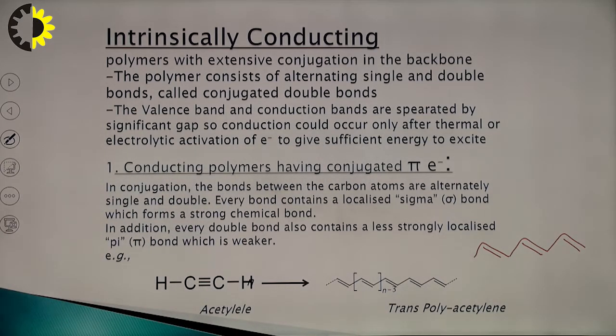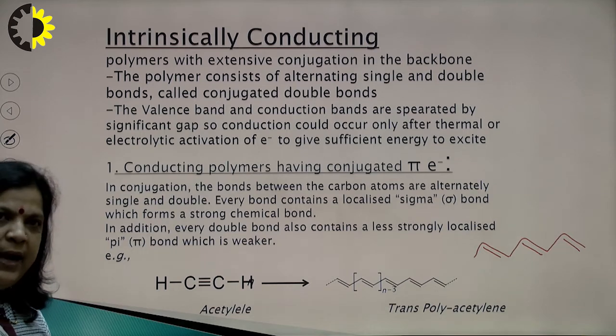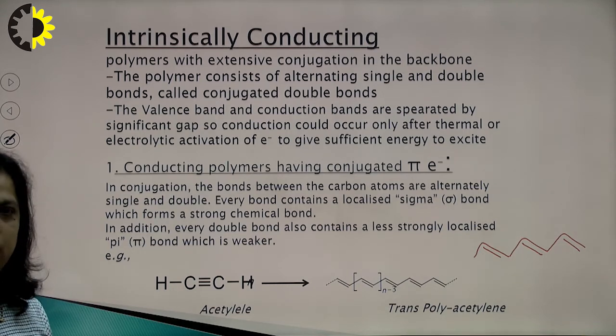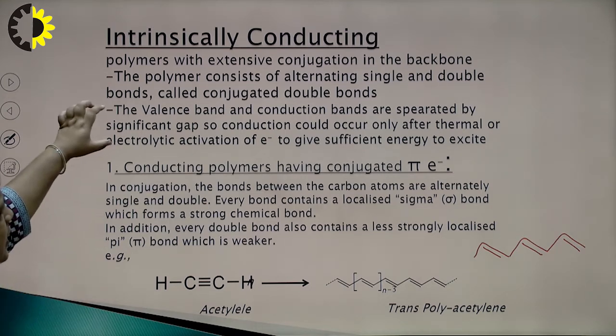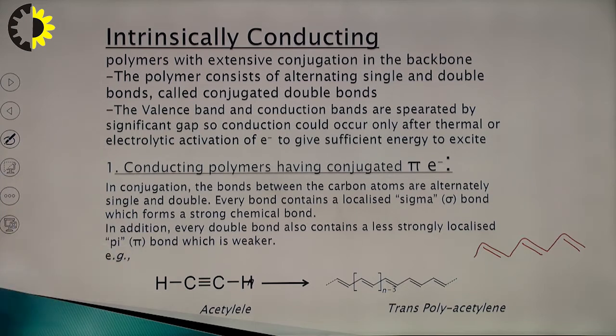The polymer consists of single and double bonds in alternate manner, which is called conjugated double bond, and the valence band and conduction band are separated by a significant gap, so the conduction or excitation could occur after thermal or electrolytic or photolytic activation of electrons to give sufficient energy to excite.